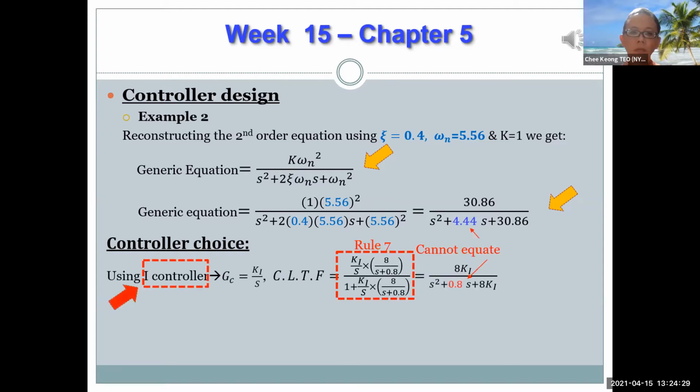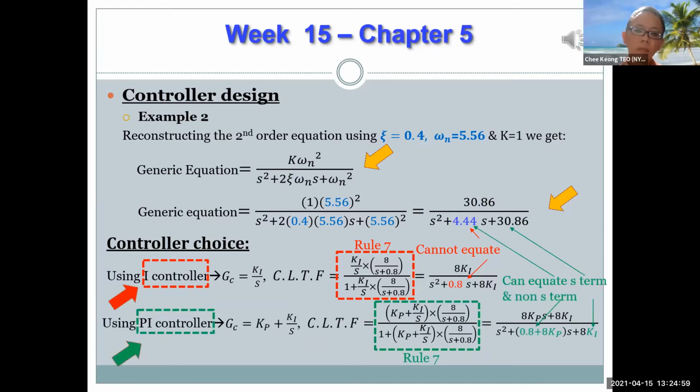For the controller choice, if we use an I controller and use Rule 7 in block diagram manipulation to simplify the closed-loop transfer function, we yield 8ki over s squared plus 0.8s plus 8ki. If we compare the closed-loop transfer function with the generic equation, the coefficients of the s term in the denominator cannot reconcile. Hence, an I controller alone cannot work.